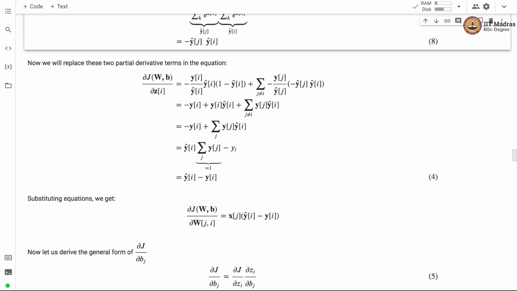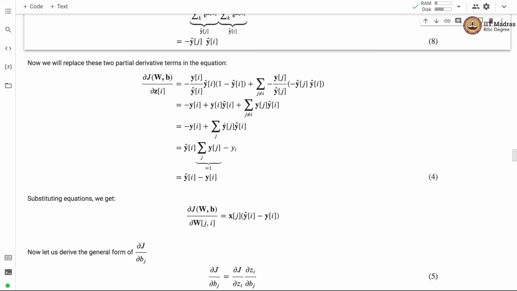And now if we combine these two terms, we are basically summing over all j's. This is j not equal to i and this is basically j equal to i. So we are summing up over all j's. So this is minus yi plus the sum over all classes j of yj into yi hat.